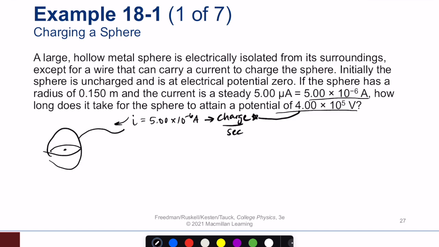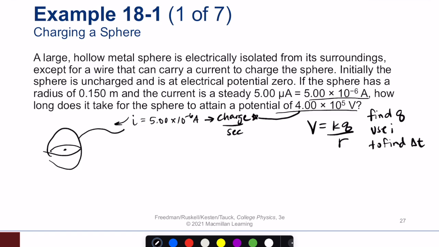Charge relates to potential through this equation, kQ over r. Once we establish how much charge is required to give us a potential of 4 times 10 to the 5, once we know how much charge, we can calculate how much time it takes for 5 microamps to give us that much charge. That's the order of operations. We're going to find Q and then use I to find delta T.